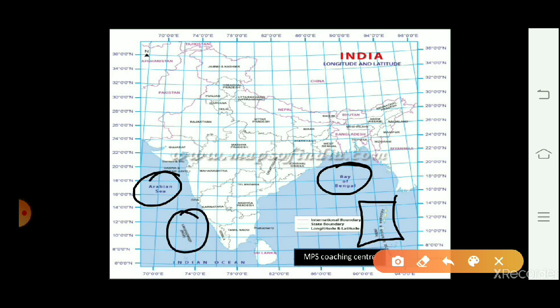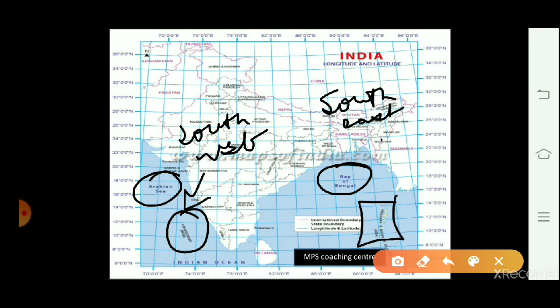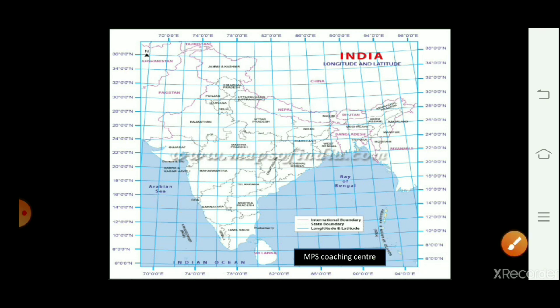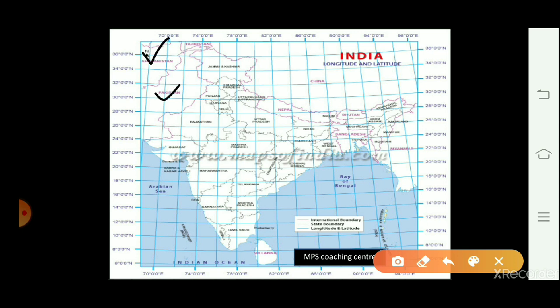And we have also seen, if the examiner is asking for south west, then we have to mention Lakshadweep, and for southeast we have to mention Andaman and Nicobar. Then we have discussed the countries constituting Indian subcontinent: Afghanistan, Pakistan, China, Nepal, Bhutan, Bangladesh, Myanmar and Sri Lanka.